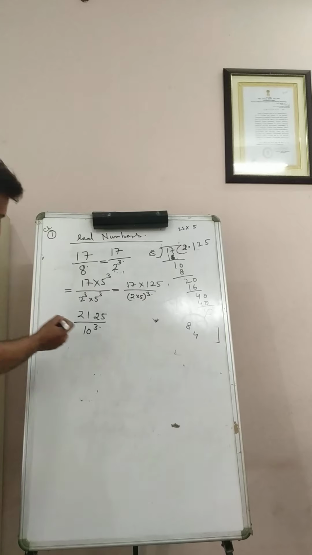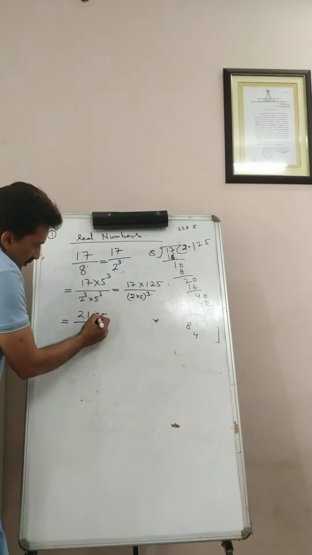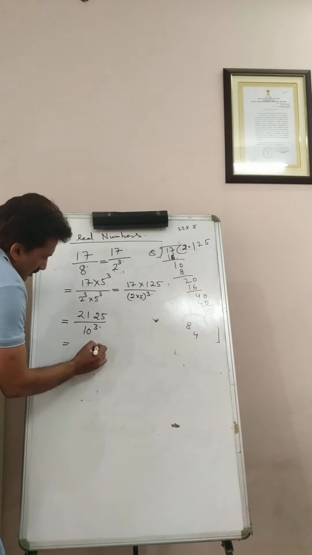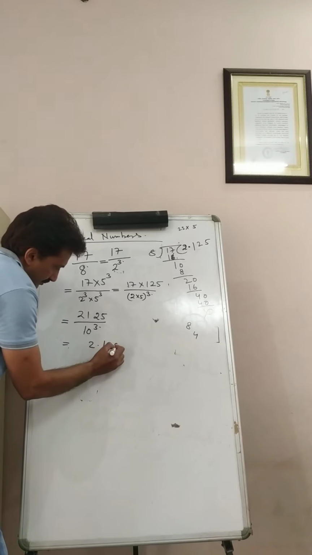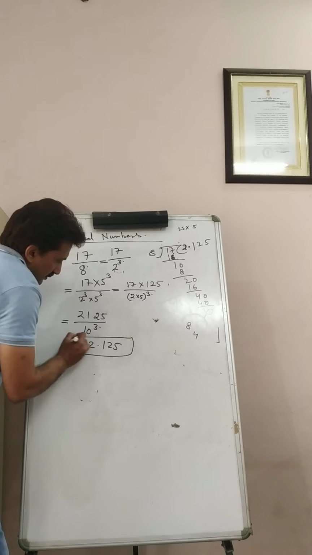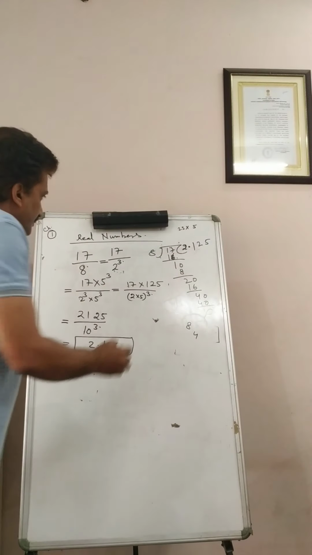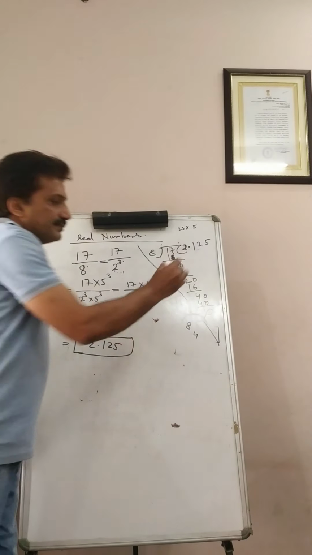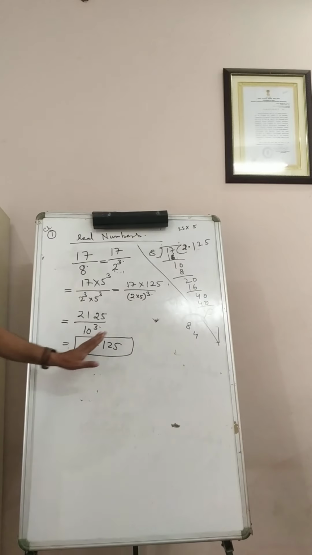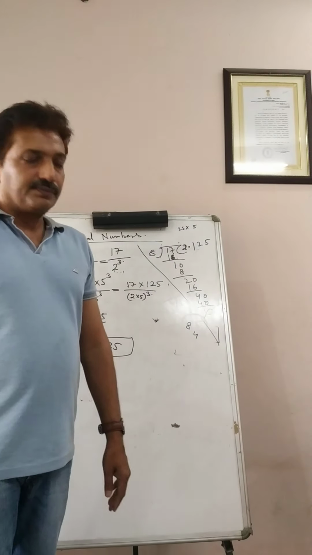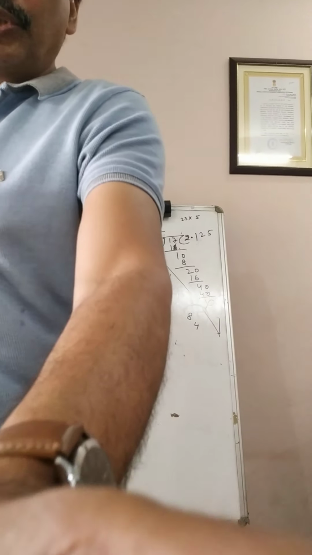So you have to give the 10 raised to 3. 1, 2, 3. The same number you are getting here. So this is the completion of the first chapter, real numbers. I hope that you will be able to solve it.